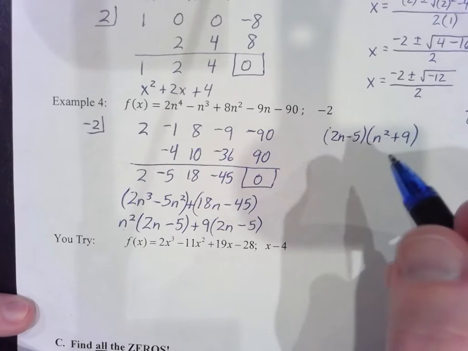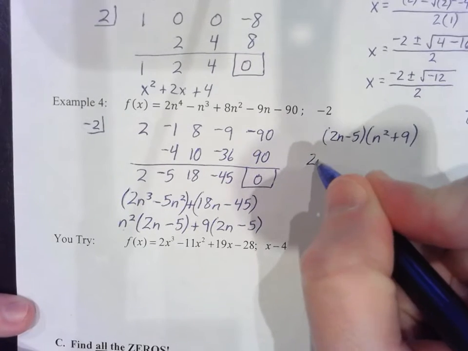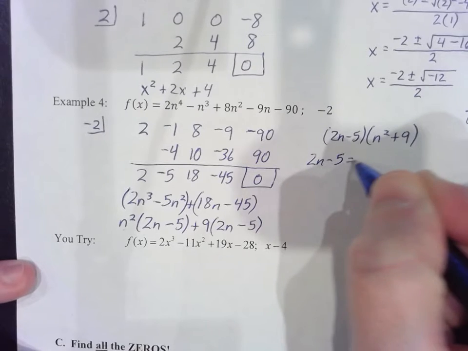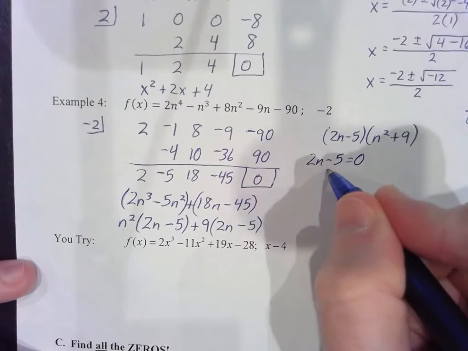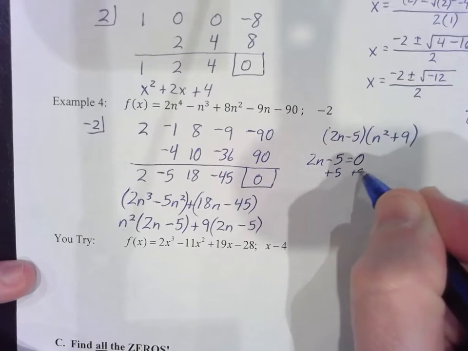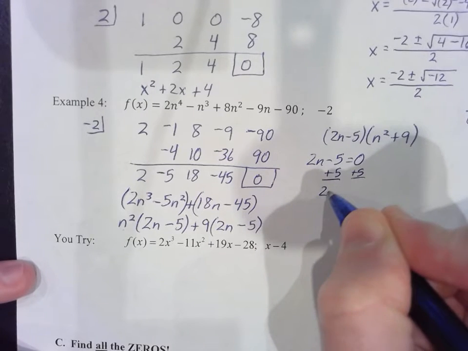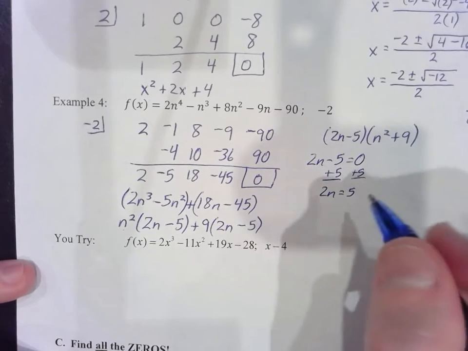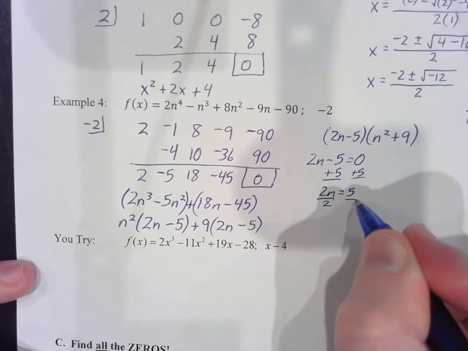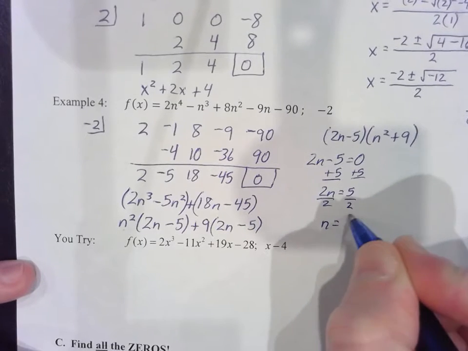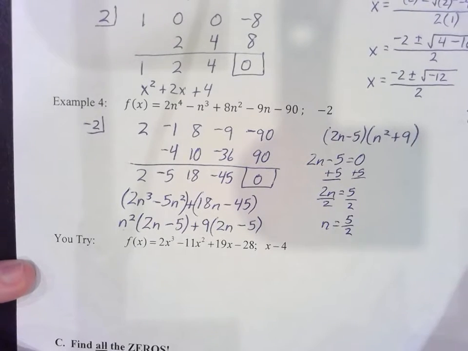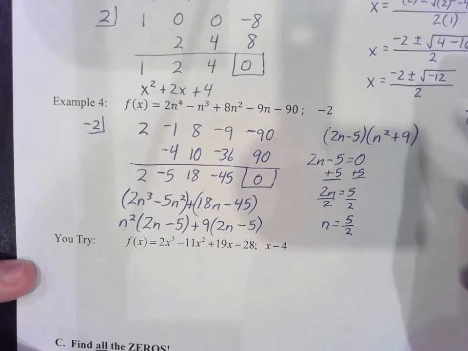So, finding our zeros, 2n minus 5 could equal 0 by adding 5. And if 2n equals 5, divide by 2, and we find that n equals 5 halves. So that's one more 0.